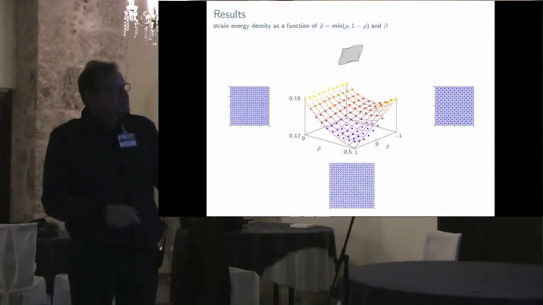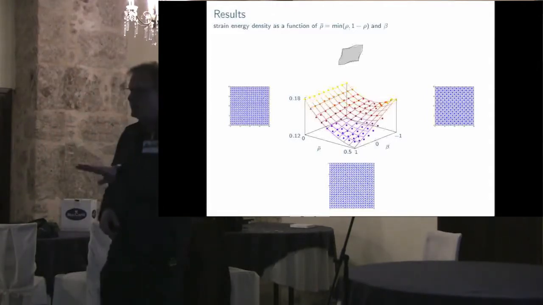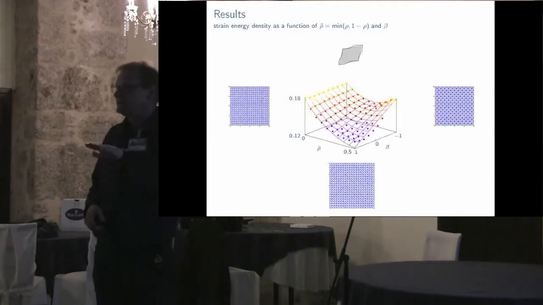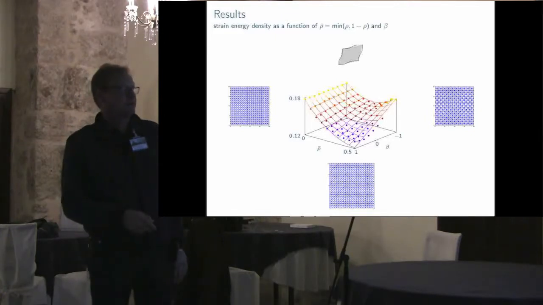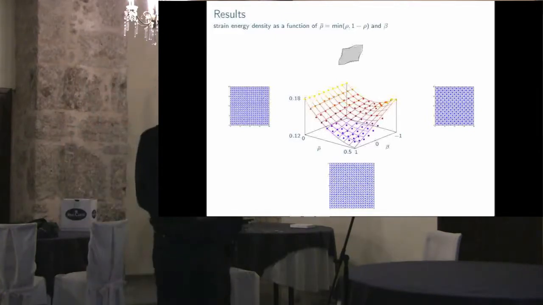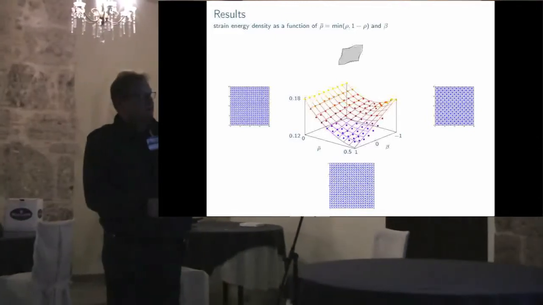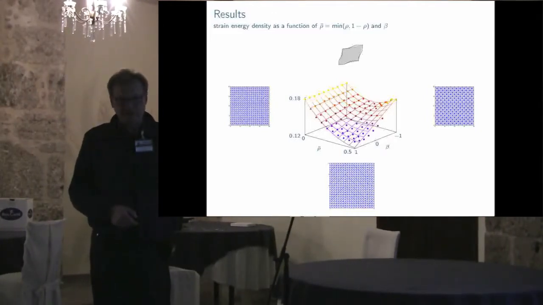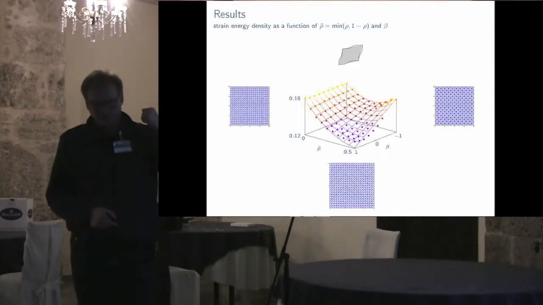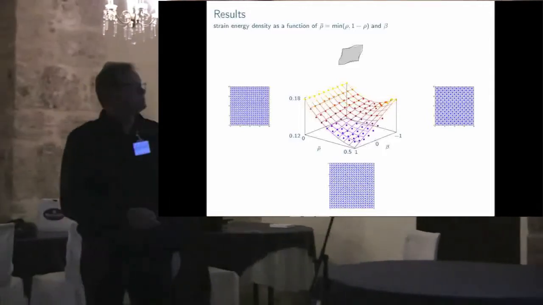Another result was that if you now randomize, for instance, the coordinates of the nodes, so you do a geometrical variation, all the results are below this curve shown here. So what this curve actually shows is that there is a correlation between these two characteristics and the mechanical response of this type of networks.